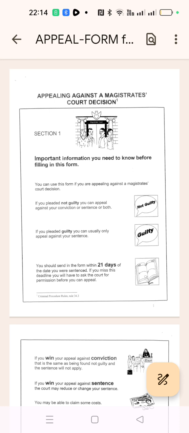Now, with that subpoena, the thing is, you've got the Magistrates Court, usually the Crown Court is where people appeal, or if it's more serious, right? But then you've got the High Court, right? But then you've got the Supreme Court.